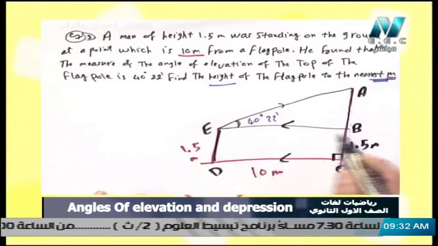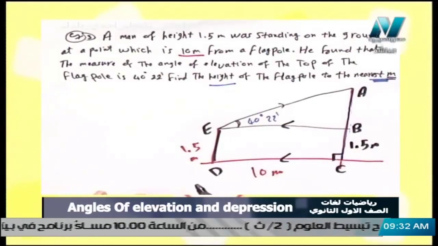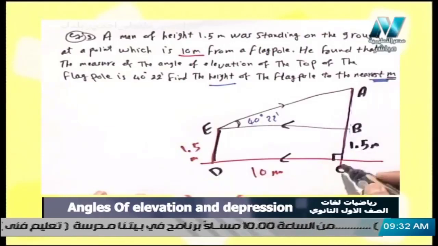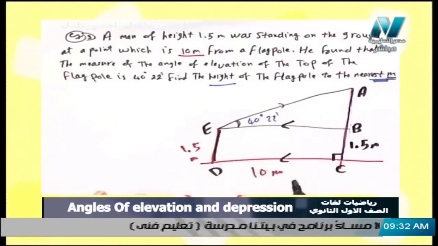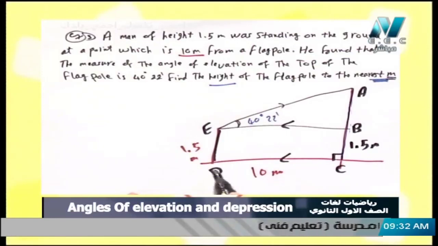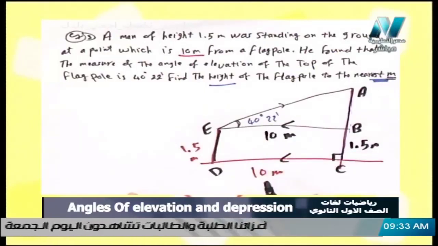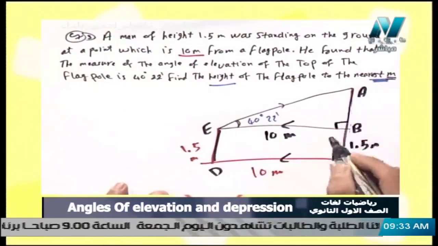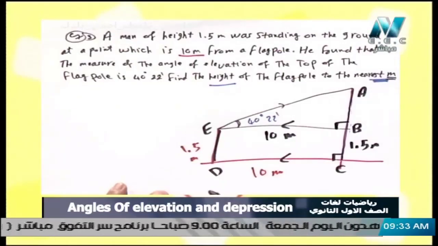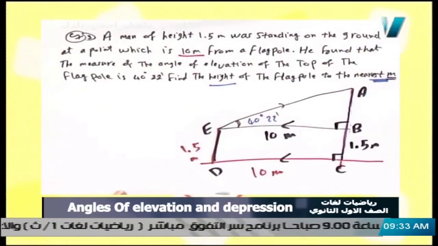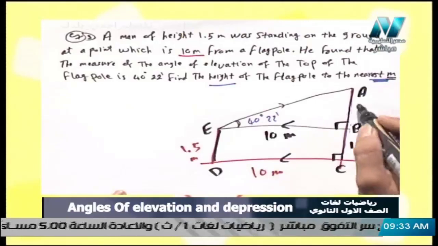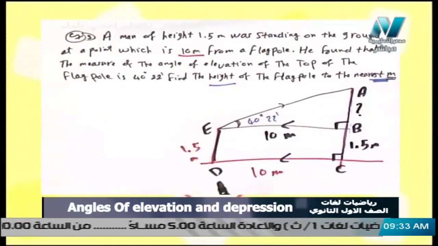So EBCD is a rectangle. So BC equals ED equals 1.5 meters. And DC here equals 10 meters, and of course EB here equals 10 meters also. And this angle will be right. And we would like to calculate the length of AB.